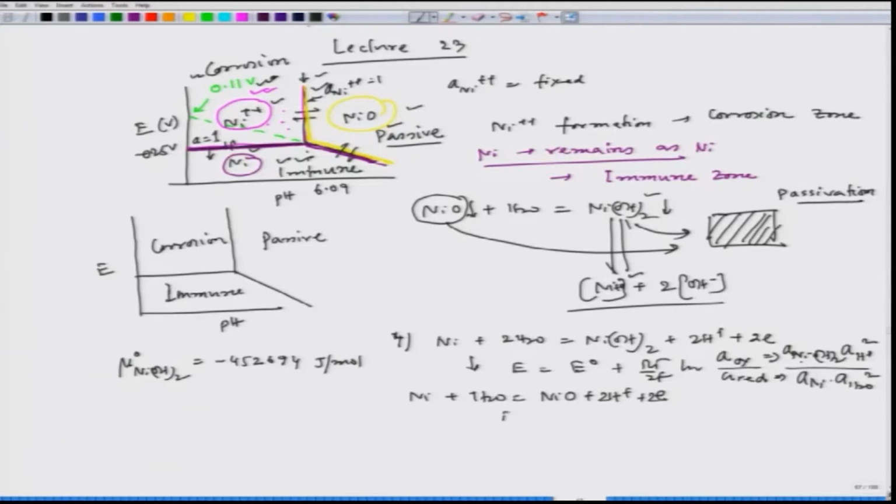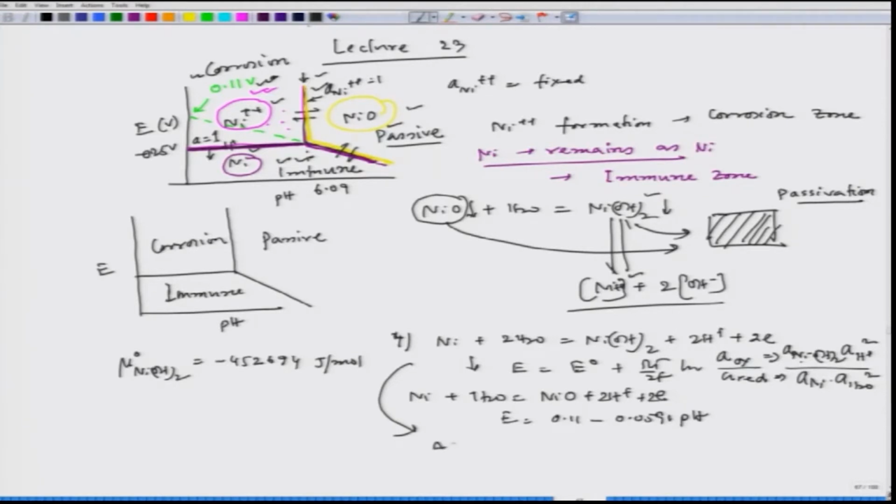So, here we had, if we go back, you will see that this value would be 0.11 minus 0.0591 pH. Here also you will get the same value. Let us do that calculation.